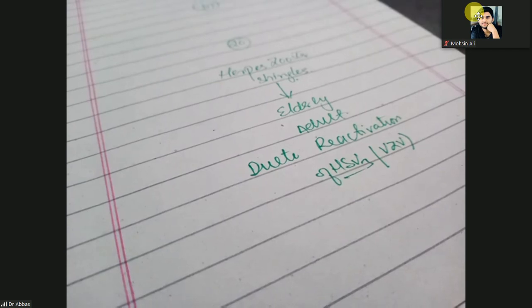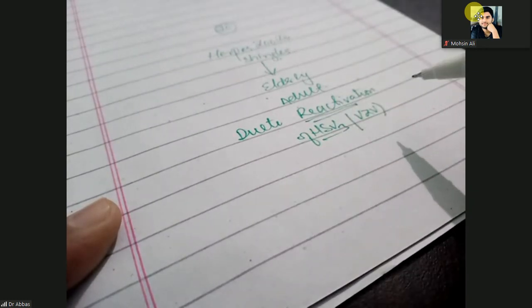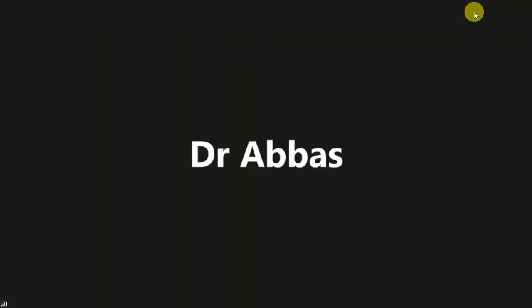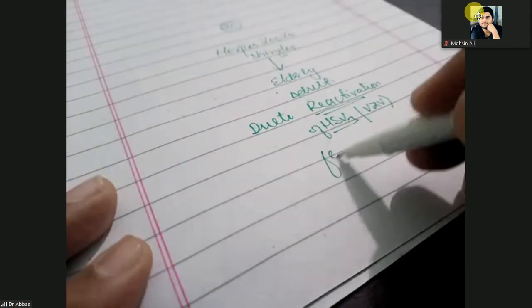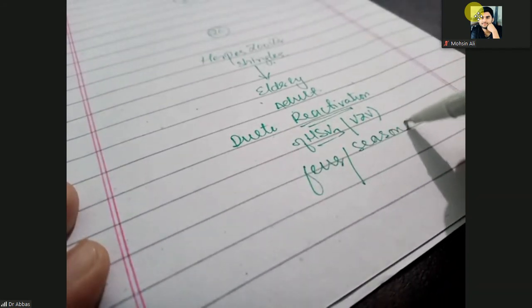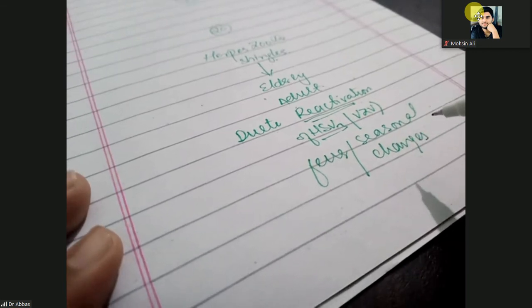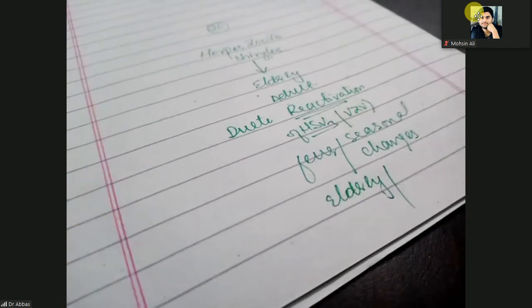Okay, so when this virus reactivates, we have studied that the varicella zoster virus remains in the ganglion until there are favorable conditions. What are the favorable conditions? Maybe when there is a fever, or seasonal changes, or when the patient becomes elderly and immunity is lost.